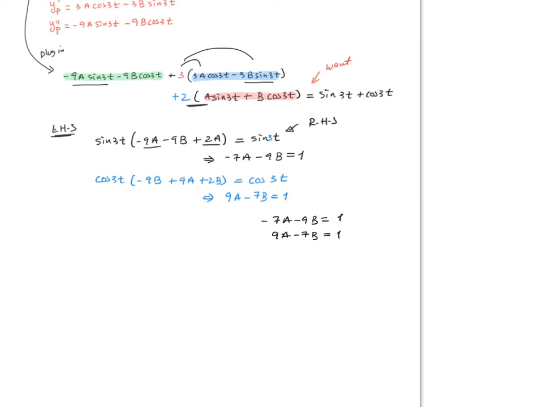Now if you solve this, you should check this by using basic elimination. a is minus 7 over 130, and b is minus 9 over 130. Again, you should check that this is the case.